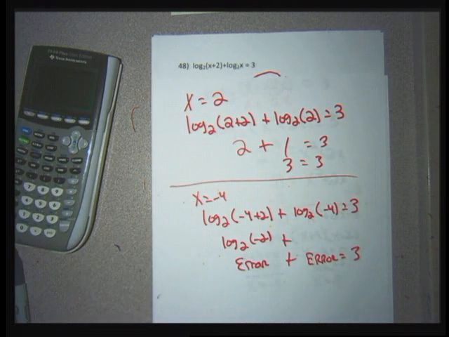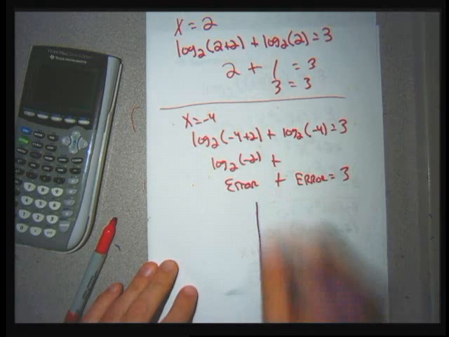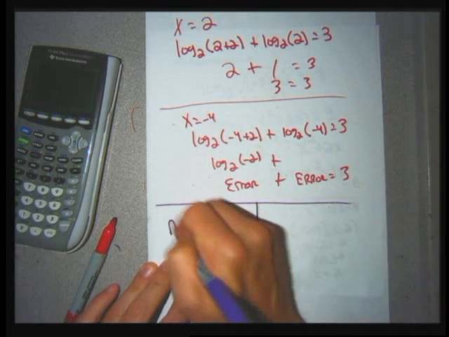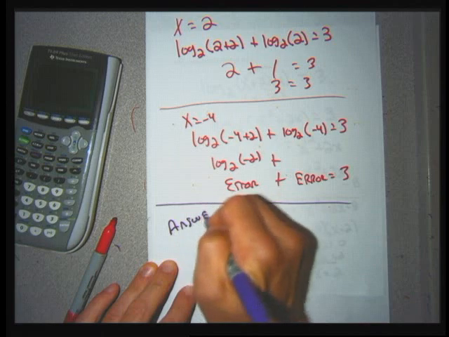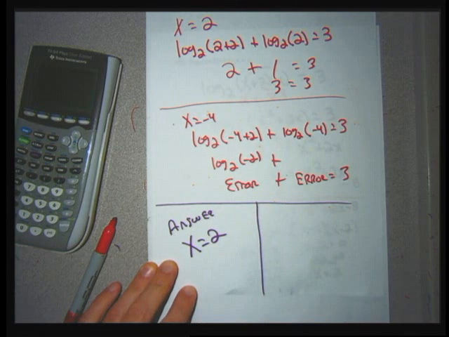So when I go to write my answer for problem 48, I have two choices. One choice is just to write the number that checks and not even comment about the negative 4.